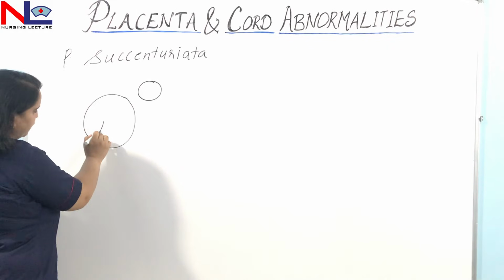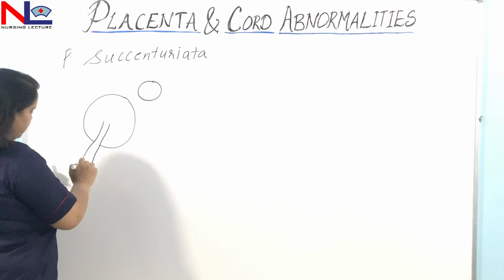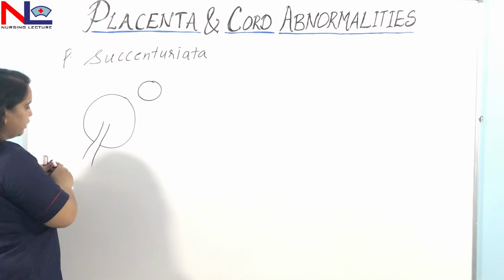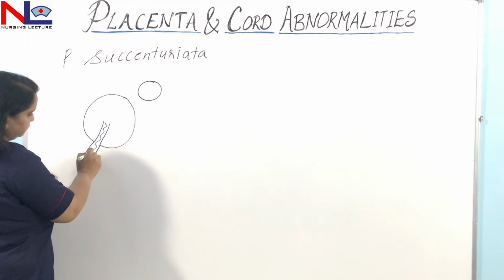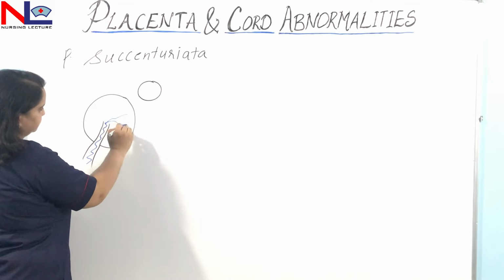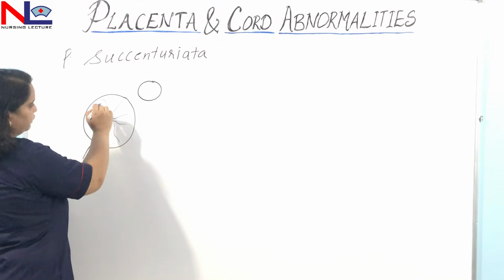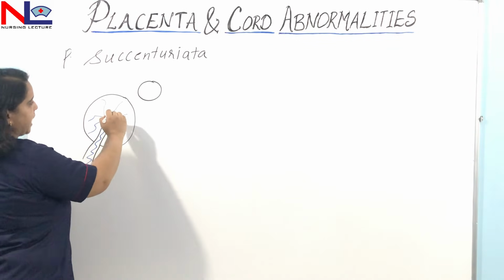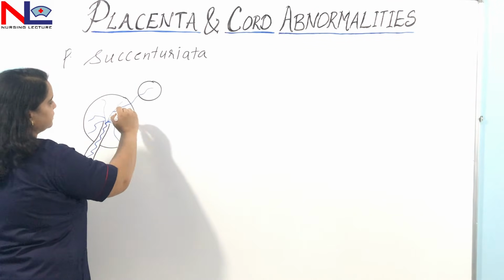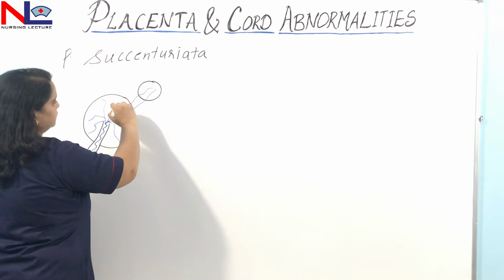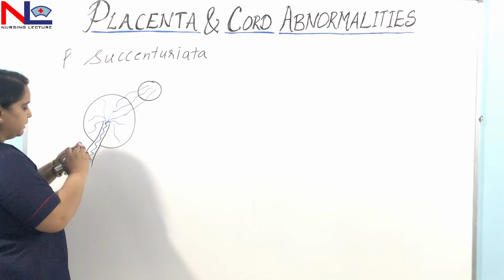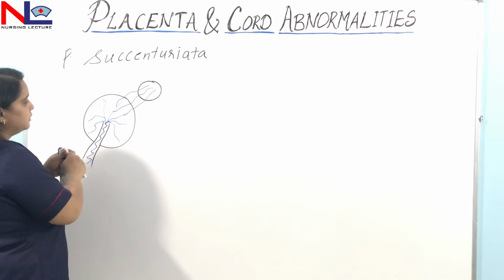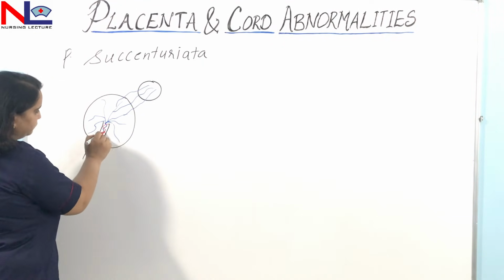There is the insertion of the umbilical cord, and from this umbilical cord the umbilical vessels are radiating on the fetal surface, and from the fetal surface some of the vessels extend up to this lobe or cotyledon.